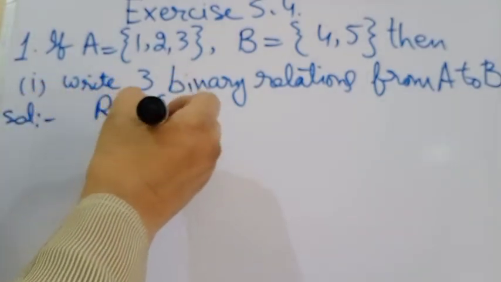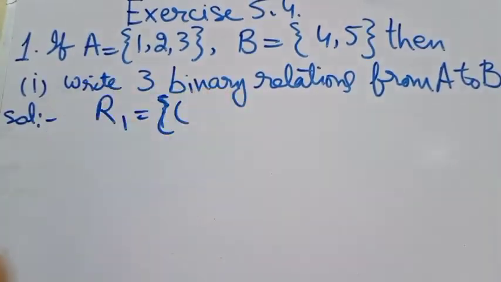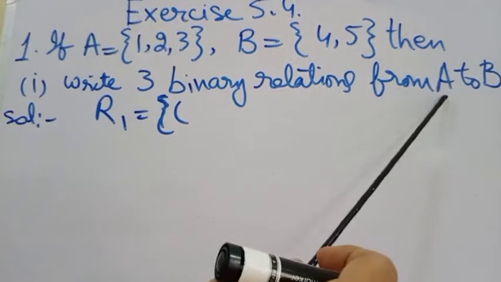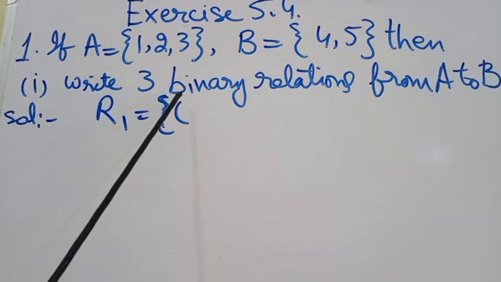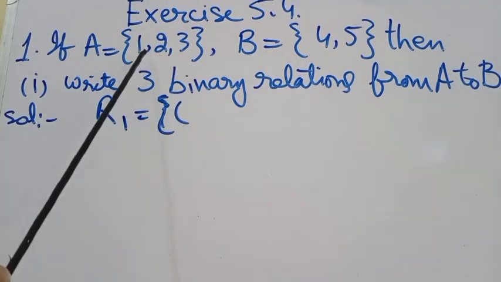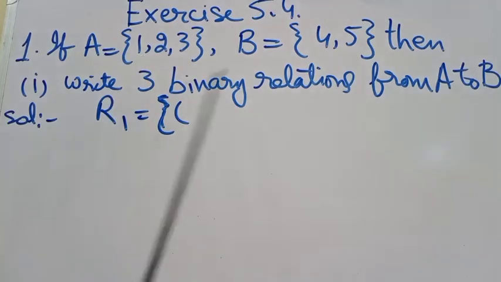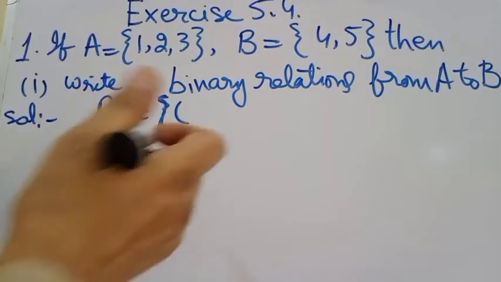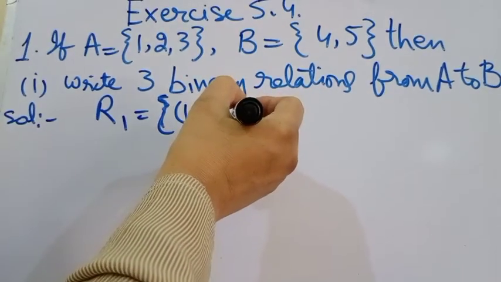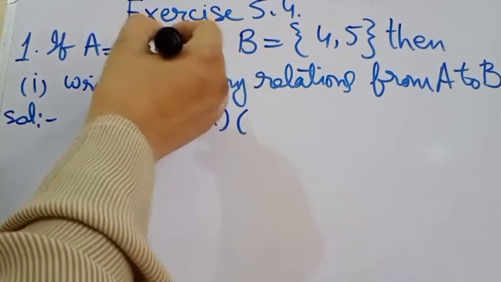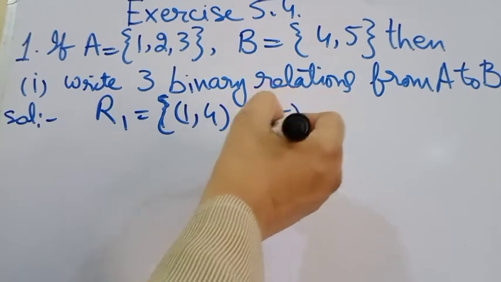R1 is equal to, we know that this is A to B, it means all elements in the first position must be from set A and the second from set B. We write here (1, 4), similarly (1, 5).